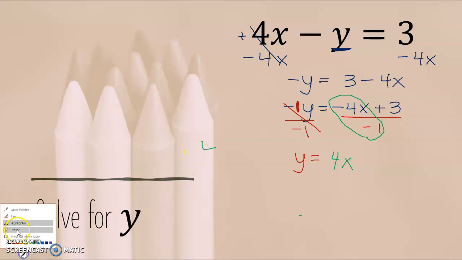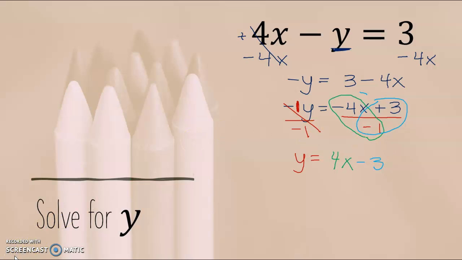My mistake there. And then we can also look at 3 divided by negative 1, which is negative 3. So in slope-intercept form, we have y equals 4x minus 3.